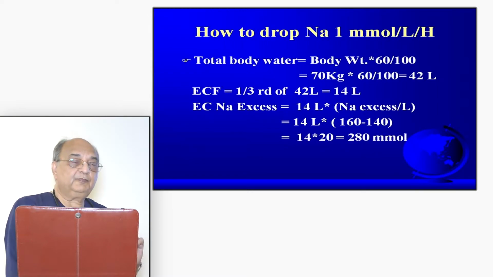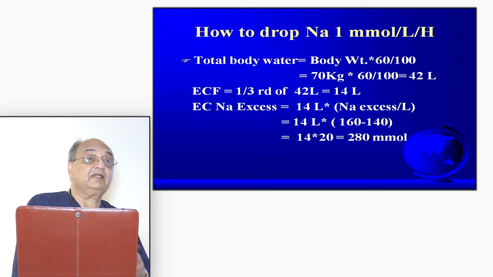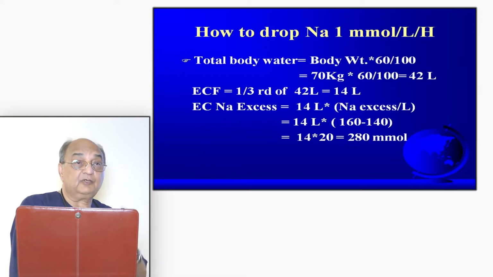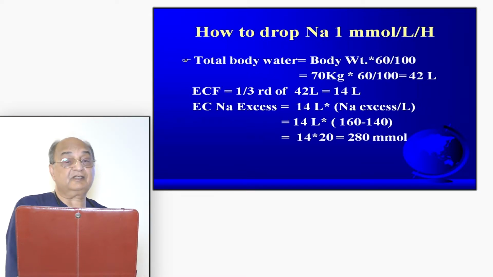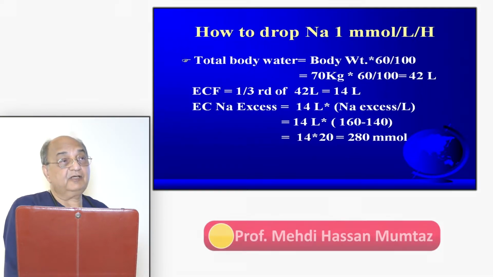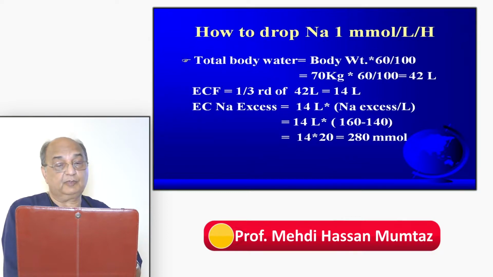When we plan to correct the sodium, we plan to correct the extracellular fluid, because predominantly sodium is outside the cell. Our objective is to bring the sodium level lower in the extracellular compartment, which means the intravascular and interstitial compartments. Now, the excess sodium is in 14 liters of water.